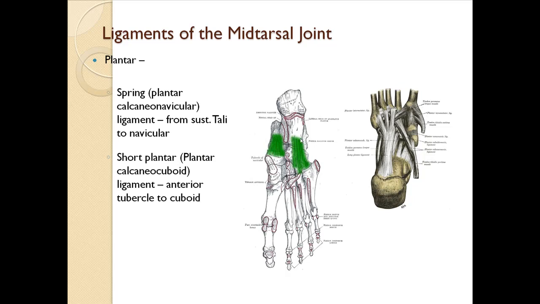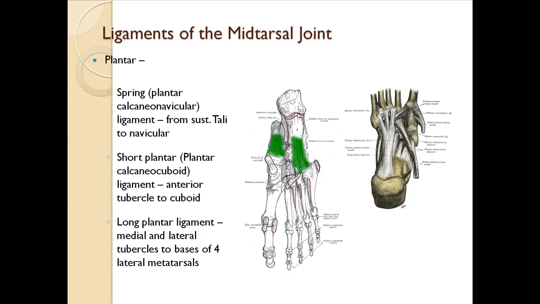So this is sometimes called the plantar calcaneo-cuboid ligament, passing from the anterior tubercle here across the length of cuboid. And then covering the short plantar ligament, we have the long plantar ligament, which passes from the posterior aspect of the calcaneus here, distally blending into the plantar aspect of the bases of the four lateral metatarsals.